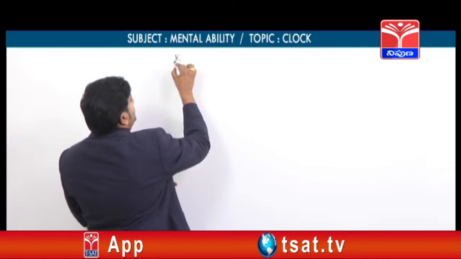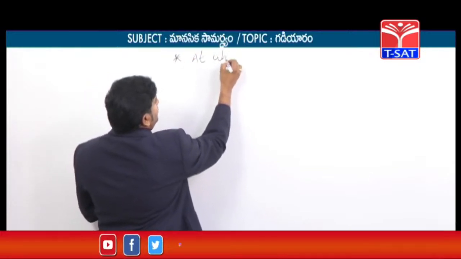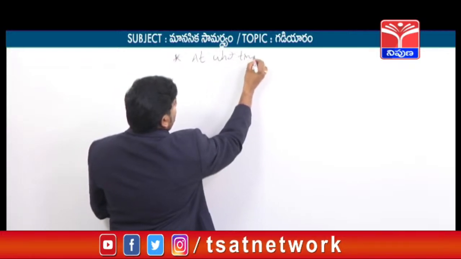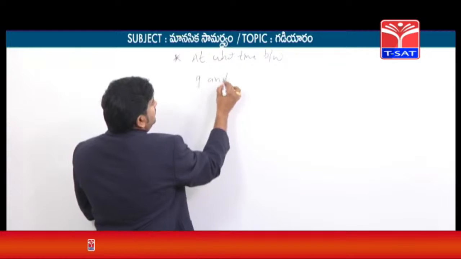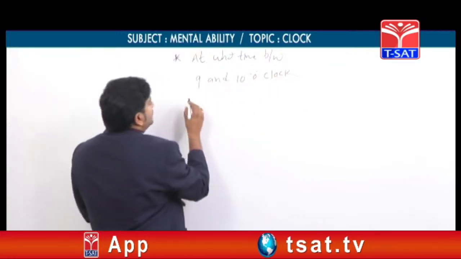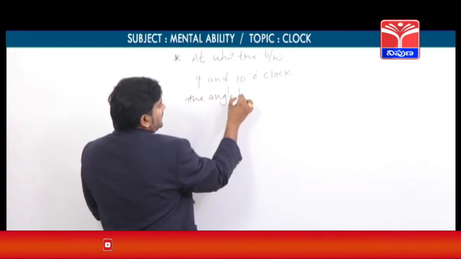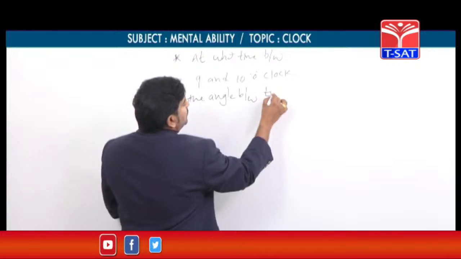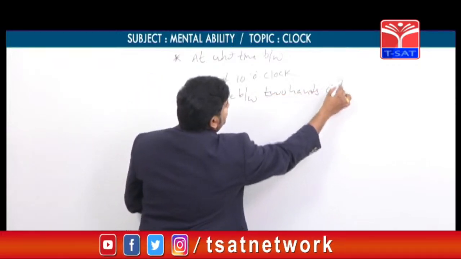We will discuss the second question. The second question is, for example: at what time between 9 and 10 o'clock is the angle between the two hands 0 degrees?